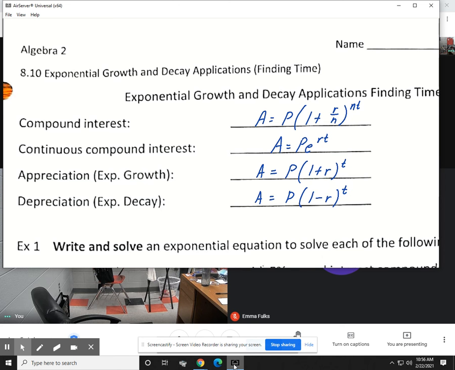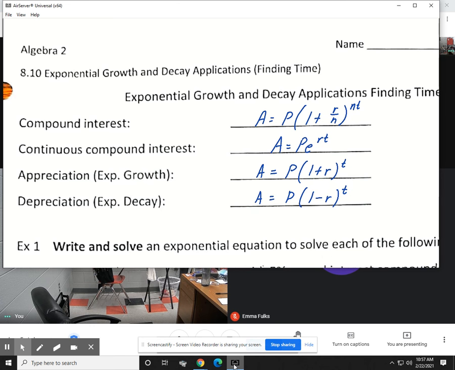Come on, guys. How do we solve exponential equations? We rewrite them as what have we connected in this unit from day one? Logarithms. If I want to solve an exponential equation, I'm going to rewrite it as a logarithm. And that's exactly how we find time today, okay?